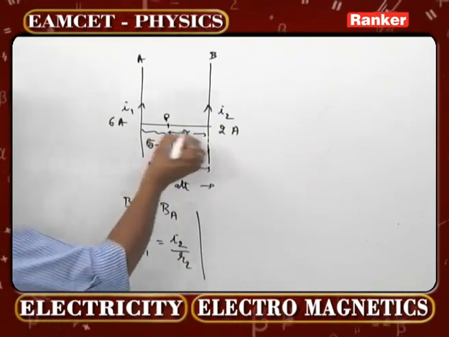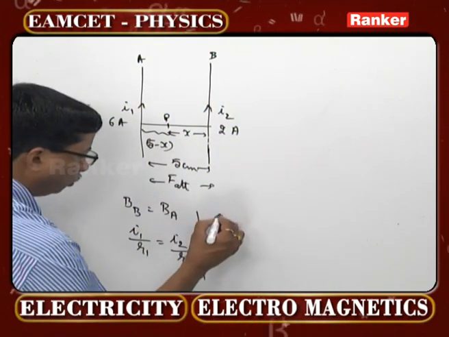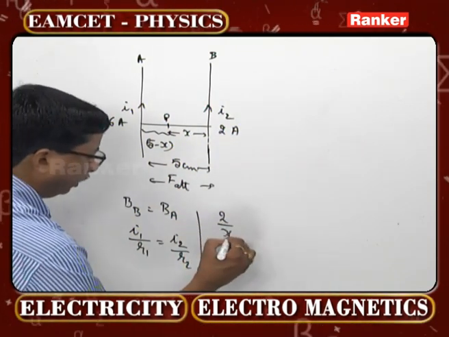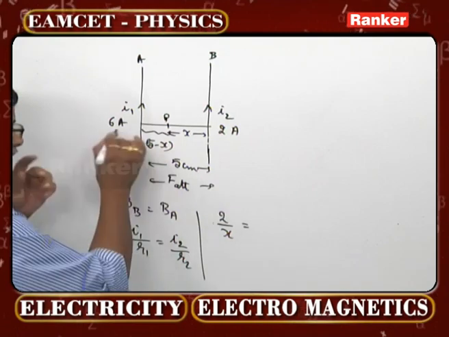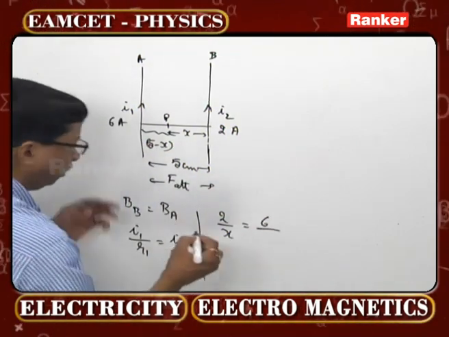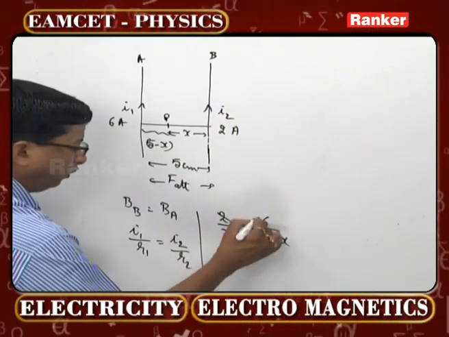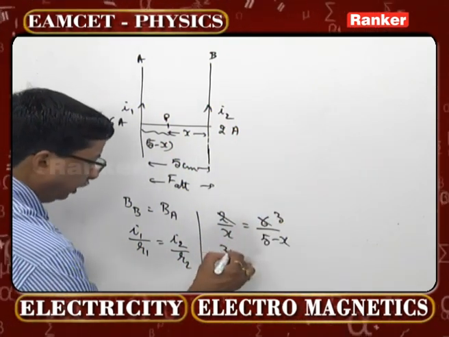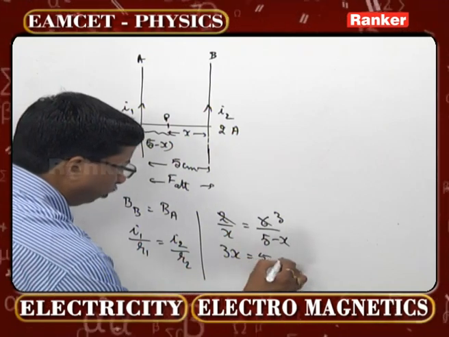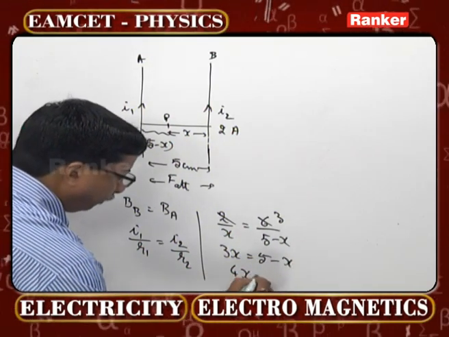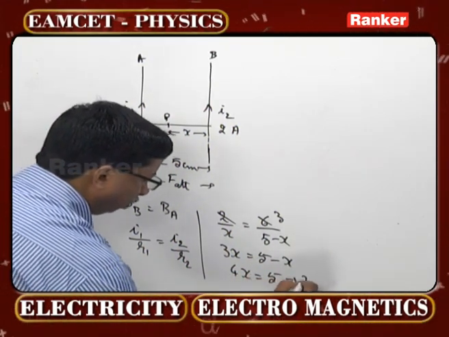Direct step. What is I1 here? If I take this one, 2/R1, that is x, is equal to 6/R2. What is R2 here? 5 minus x you can take. This goes thrice. So 3x = 5 − x. So 4x = 5. Then what will be x now?